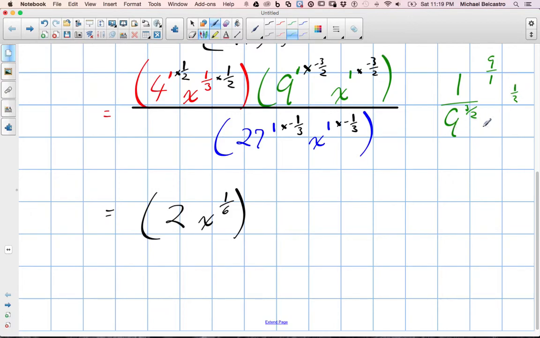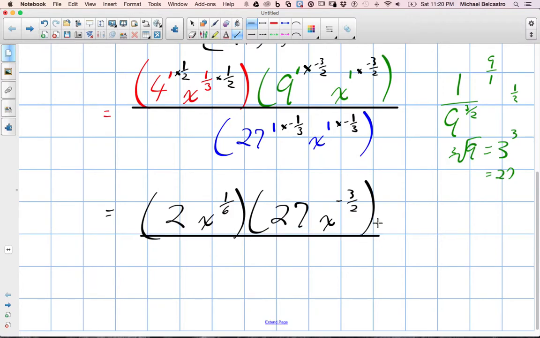So the square root of 9 is 3. And then we still have to the power of 3. So 3 to the power of 3 is 27. So this new coefficient is the number 27. And the x, we can't really simplify from where it is, so we leave it as to the power of negative 3 over 2.